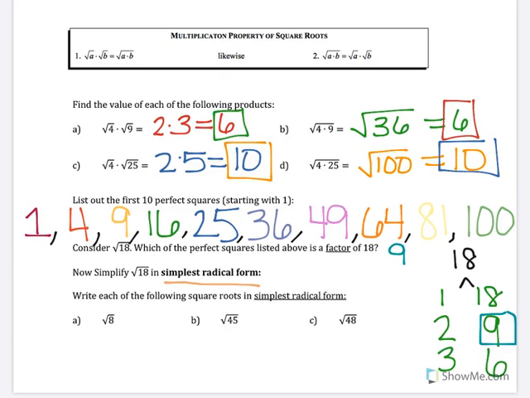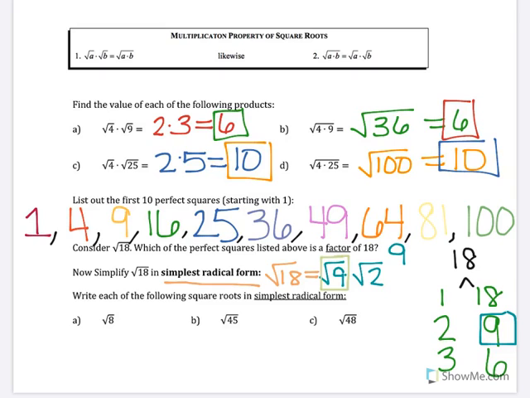Well, if 9 and 2 are factors of 18, then the square root of 18 can be broken up into the square root of 9 times the square root of 2. And the way that we can simplify this even further is we focus on the perfect square, which we know is 9.